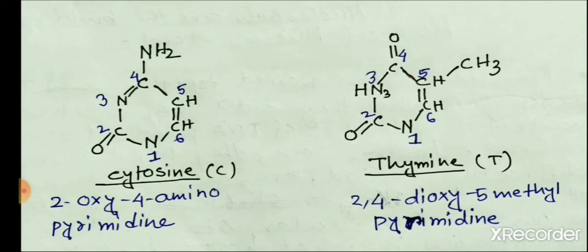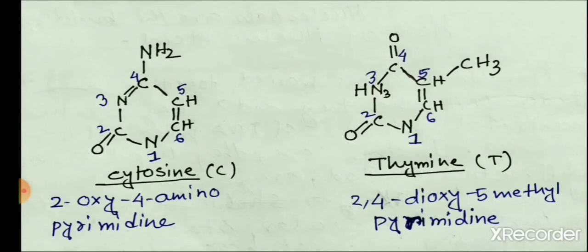So its IUPAC name is 2-oxy-4-amino pyrimidine. We numbered those positions 1, 2, 3, 4, 5, 6.